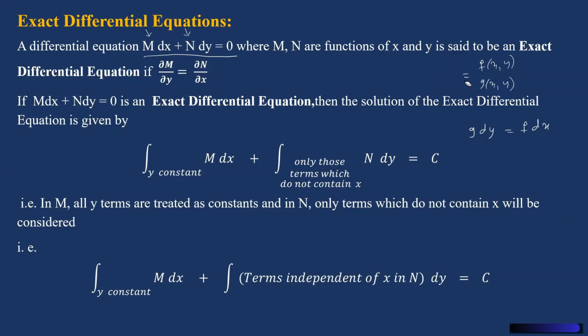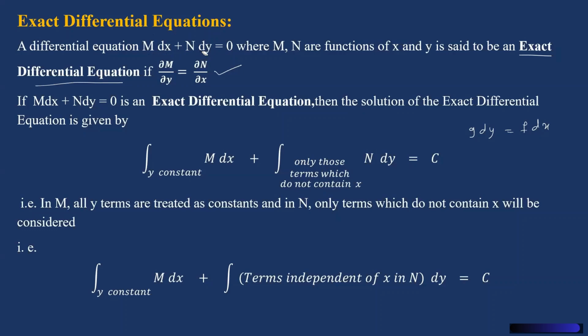Now, when you are given a differential equation of first order like this, we can call it an exact differential equation whenever it satisfies this condition. Both m and n are functions of x and y. Look at it carefully: m is the coefficient of dx, n is the coefficient of dy.